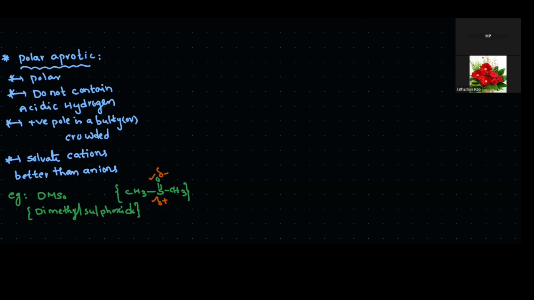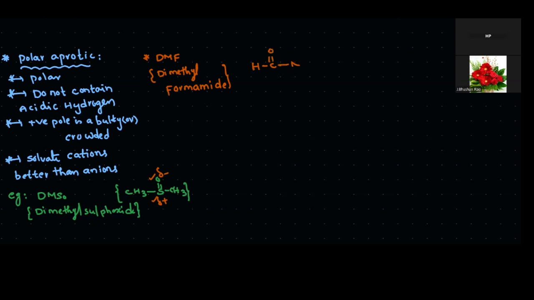Next, another example. DMSO is already completed. DMF next. DMF stands for dimethylformamide. In this dimethylformamide structure, we generally know H C double bond O N. It is an amide group.